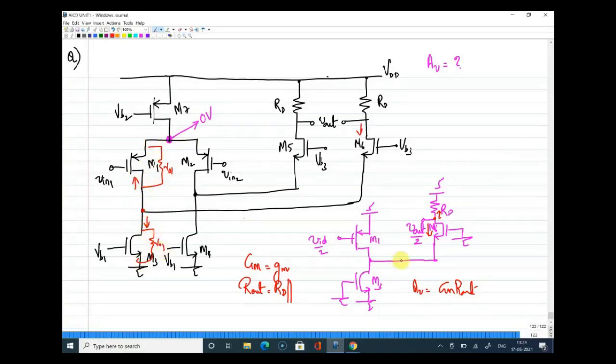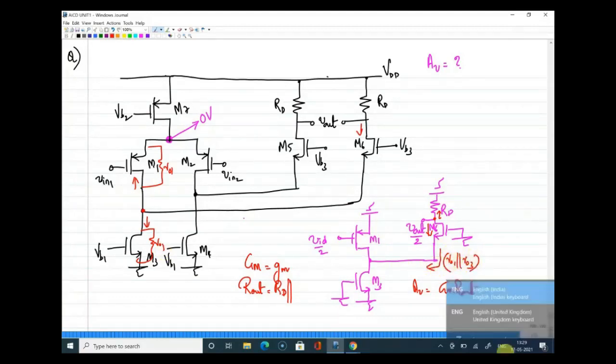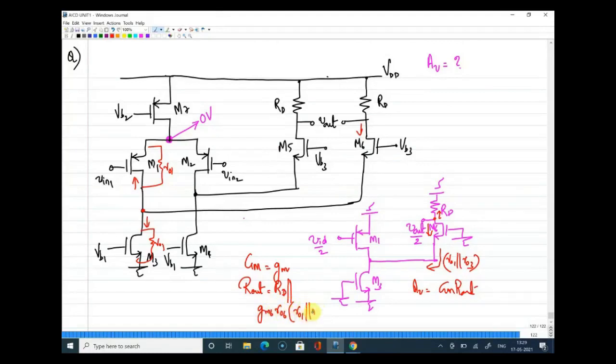So the resistance seen from here is R01 parallel to R03, but that is seen from the drain of another transistor, so it has to be multiplied by the intrinsic gain of that. So it is RD parallel to GM6 R06 into R01 parallel to R03, the entire thing in parallel with RD.